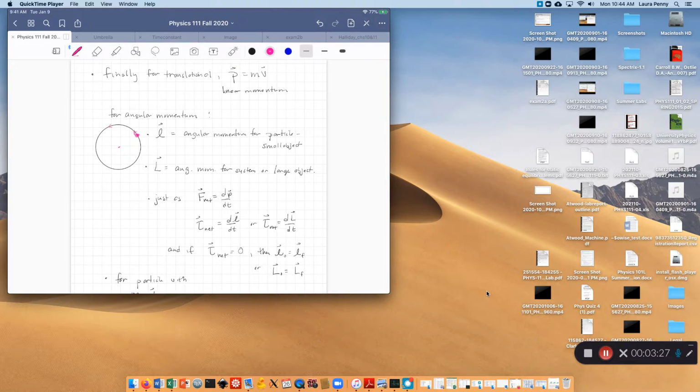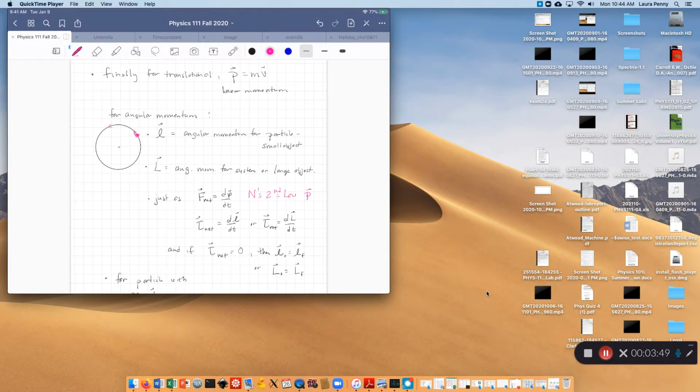And just as when we talked about Newton's second law in terms of momentum, that's what this is. This is Newton's second law in terms of momentum instead of mass and acceleration. The second law says that net force is the time derivative of momentum.